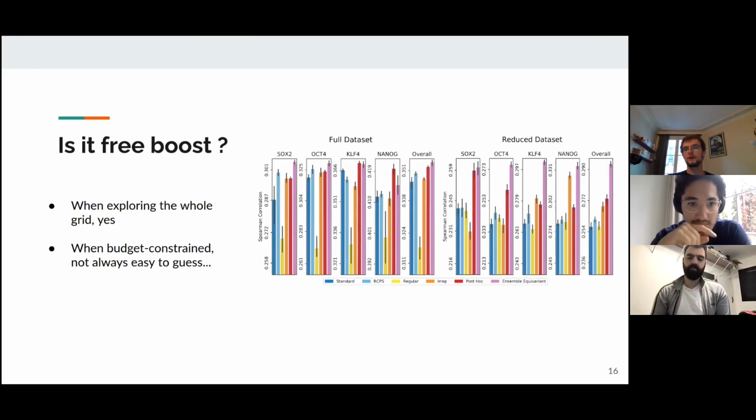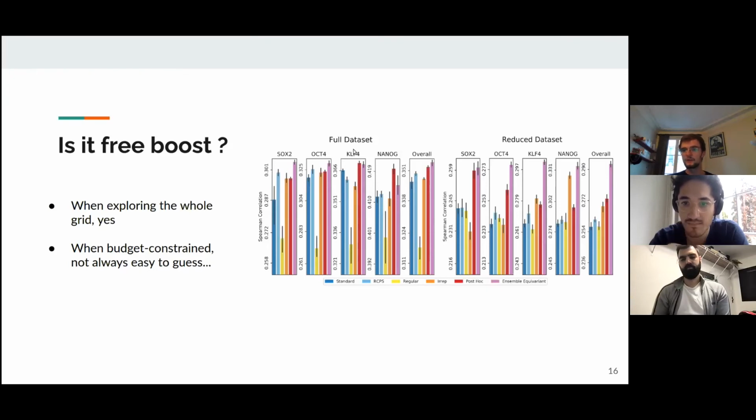But it doesn't seem that there is one specific member of this functional family that always behaves better than the others. So if you're budget constrained and you don't have time to tinker a lot on a validation set, then by just choosing one, you may get suboptimal results.